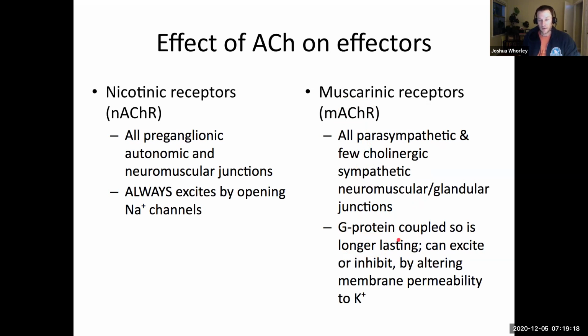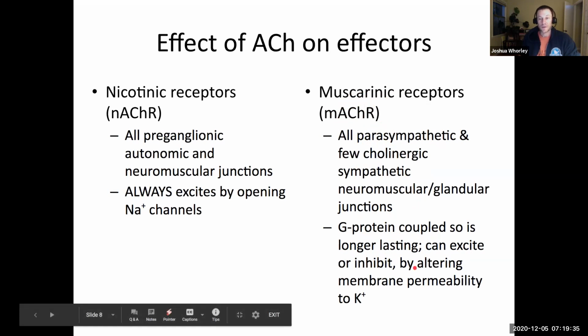So again, their effects are longer lasting, and kind of like our beta receptors that we saw in the sympathetic nervous system, these muscarinic acetylcholine receptors can either excite or inhibit their target organ.